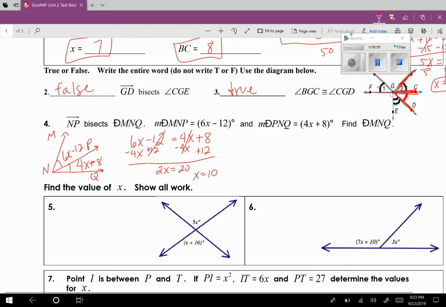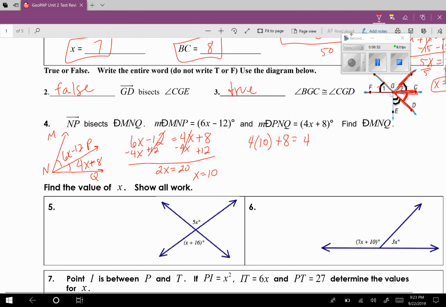And it says we have to find the measure of angle MNQ. So that's the big whole thing. Now I know that if I plug in x to just one of these, I can multiply it by 2 because the two halves are equal to each other. And if I know both halves, then I've got the whole thing. So that's what I'm going to do. I'm going to do 4 times 10 plus 8, because that's PNQ, which is half.